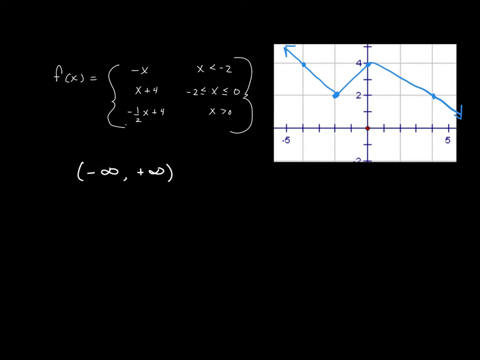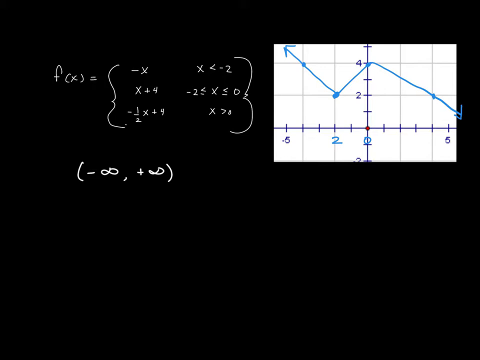And even though if we look at the limits at 2 and at 0, what we will find, even though those limits exist, this function is not differentiable at those points. And why is that?